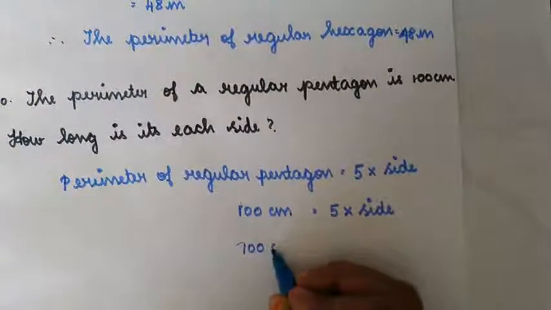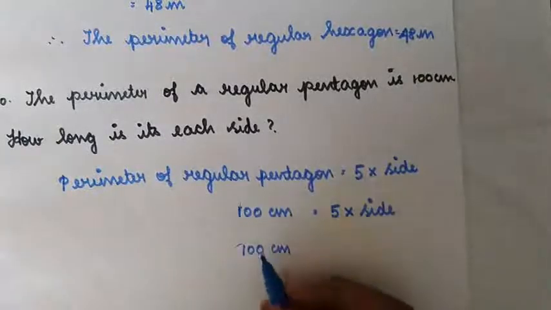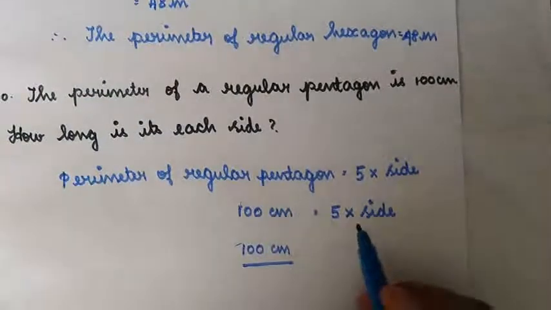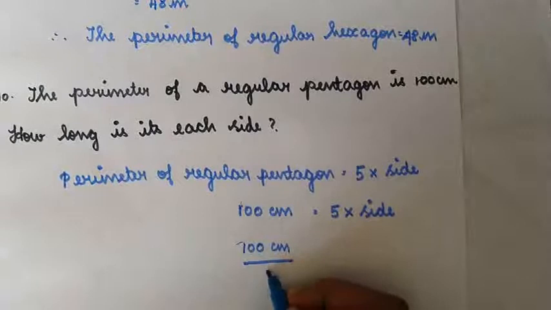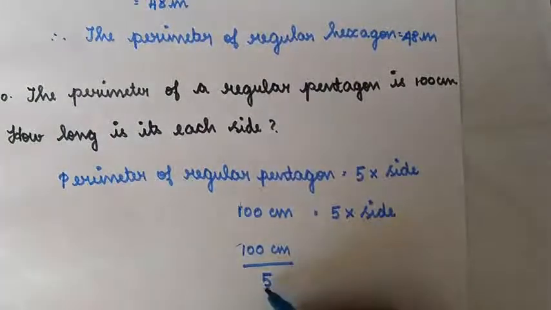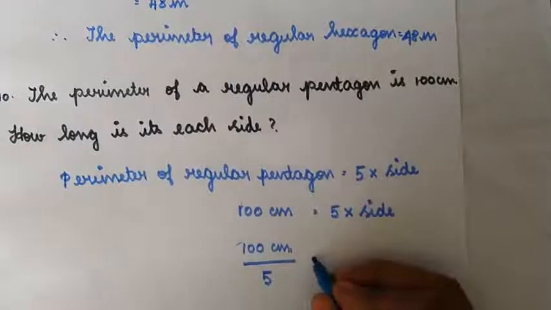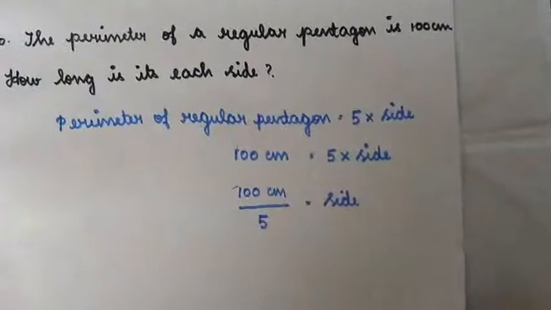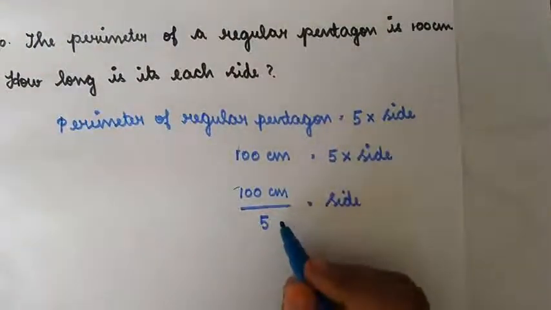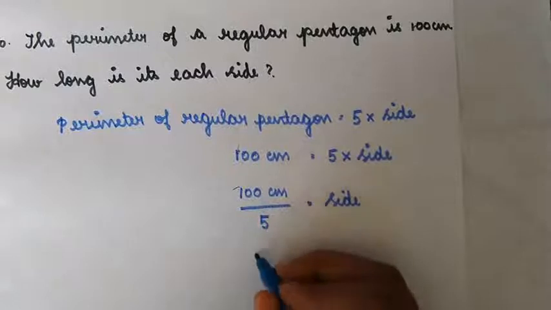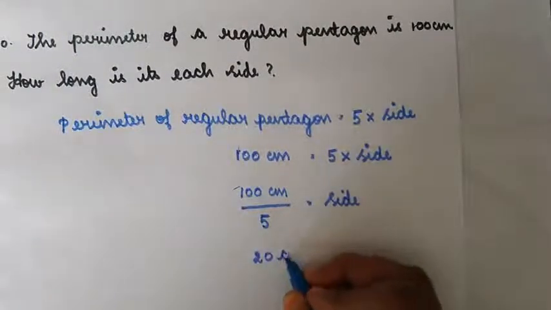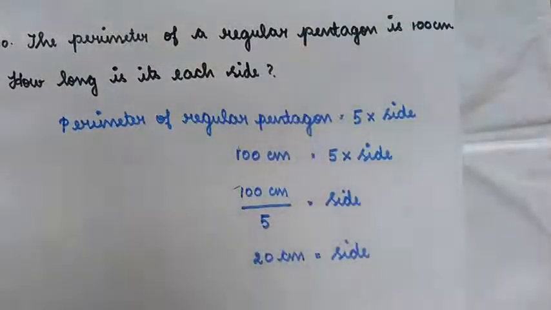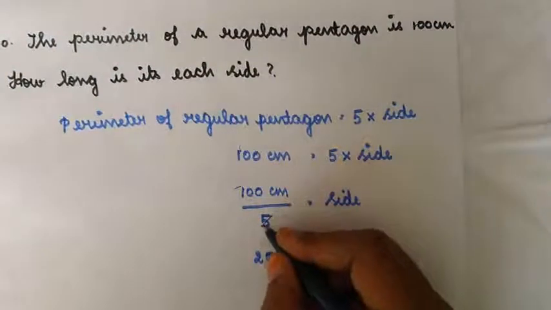So 100 centimeter, here 5 can come to the left side. So we have to divide these two numbers. Then we have reducible by 5 table, we get 20 centimeter. 5 20s are 100.